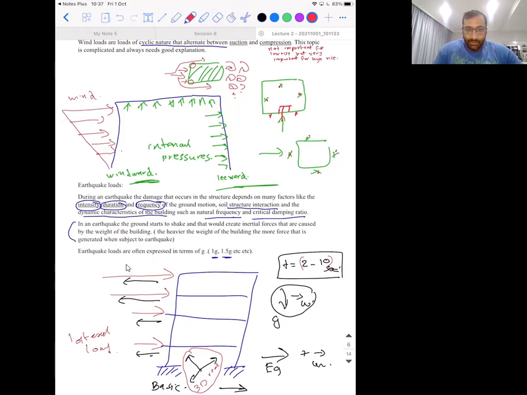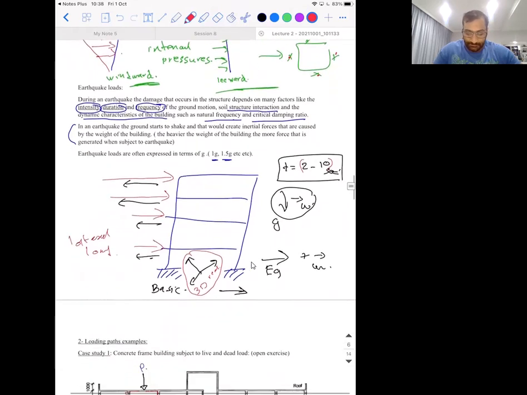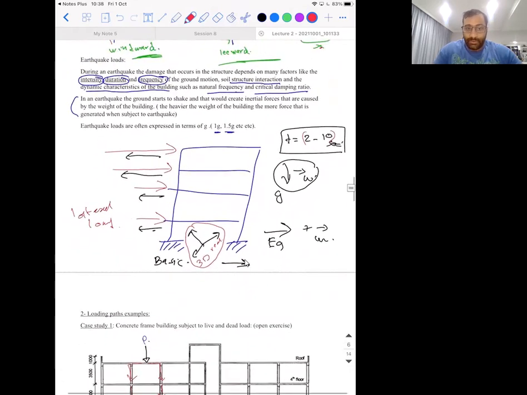Anyways, earthquake loads are often expressed in terms of G, 1G, 1.5G, etc., a function of the Earth's gravity. The problem with an earthquake is you have this type of movement now. So this pushes the building, and at T equals 2, for example.